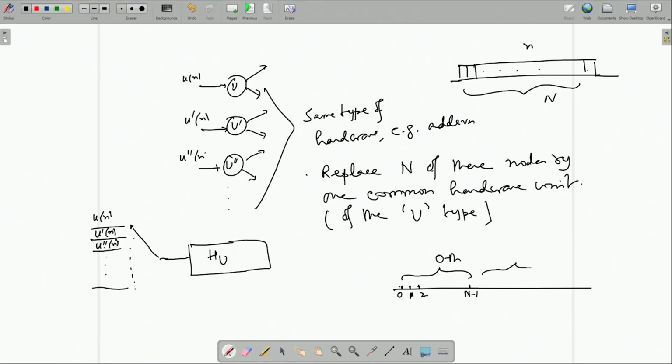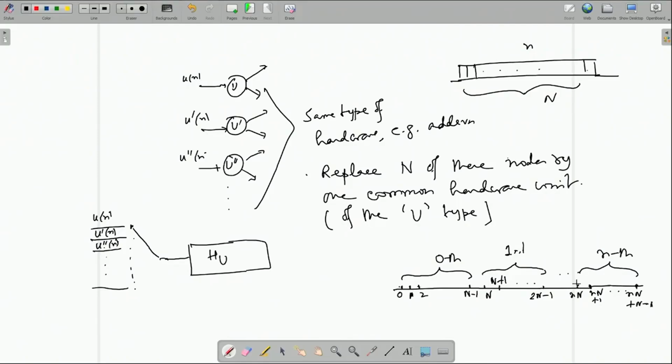Then the first will be from N plus 1, dot, to 2N minus 1. So, in general, the small nth original clock, that is the input clock, will start at N into n, N into n plus 1, dot, N into n plus N minus 1.